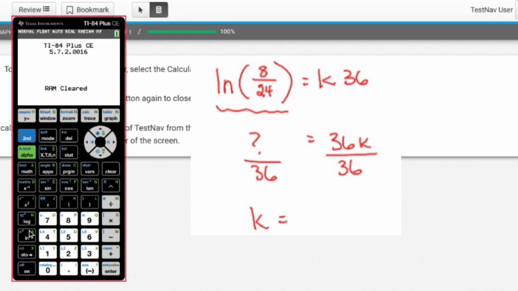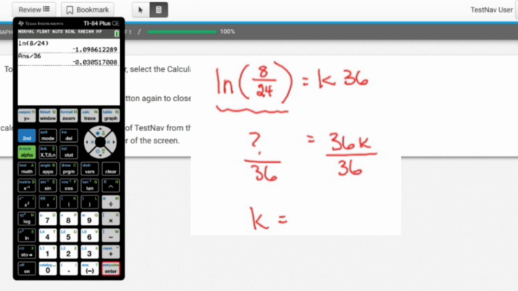Right, ln of 8 over 24. So let's type that out. It's going to equal a gross number. Take that number, divide it by 36. And our k is going to equal negative 0.030517, blah, blah, blah.